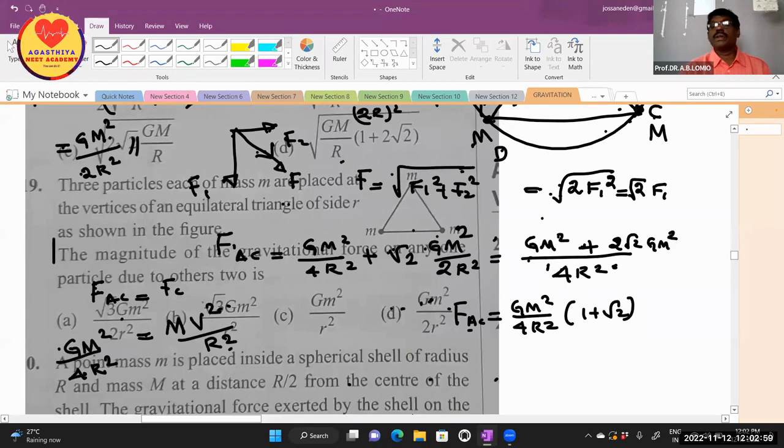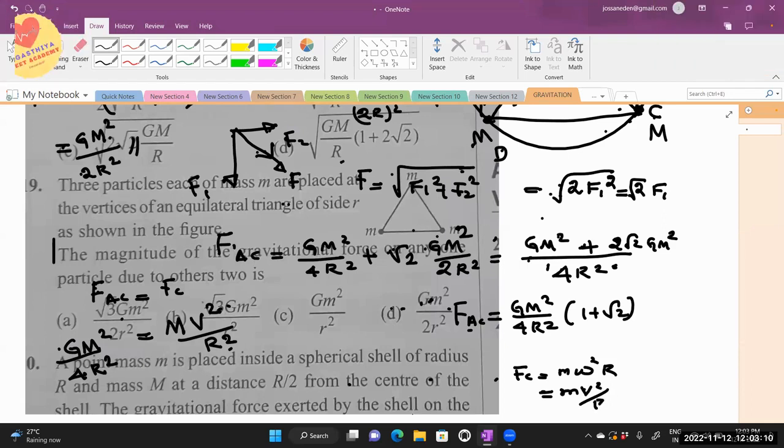Actually, the centripetal force formula is M omega squared R, or in terms of linear velocity, mv squared by R.